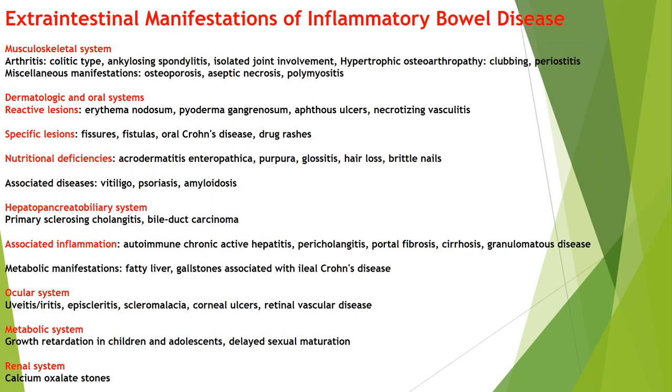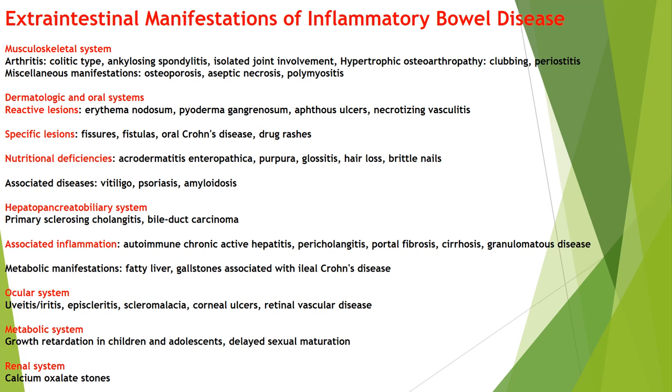These two diseases have an important feature. It is usually not localized only to the GIT, but can have extra-intestinal manifestations of inflammatory bowel disease. It can involve the musculoskeletal system, or the skin, or cause nutritional deficiency, or involve the hepatobiliary system, for example primary sclerosing cholangitis, bile duct carcinoma, or it can be associated with other autoimmune disease.